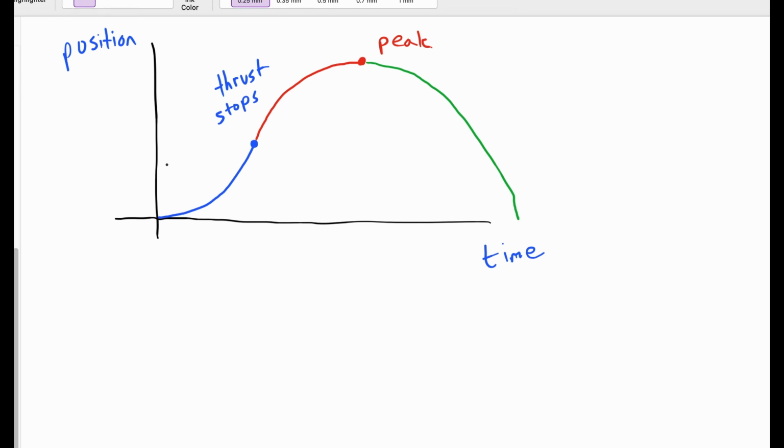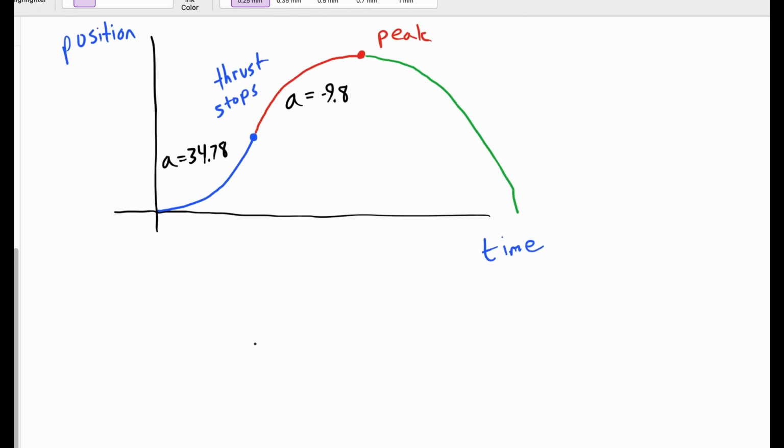Alright, so our acceleration here was 34. Our acceleration here is negative 9.8. So let's use this formula. Delta Vy is going to be the acceleration times the delta t. This is the delta t that we're interested in right now, between point 2 and point 3.